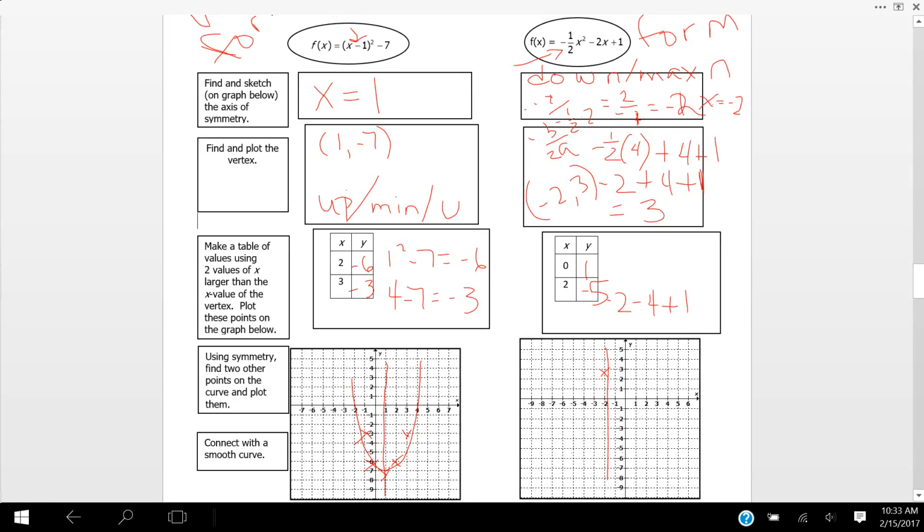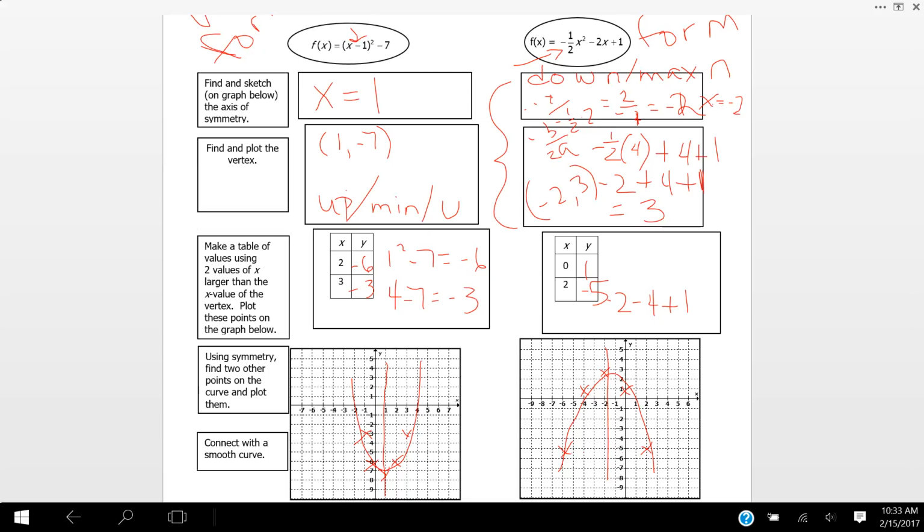So I have a point at 0, 1. And I could put a mirroring point on the other side. I have 2 and negative 5. And so I can go 2 more and be at negative 5. And hopefully you can see the concave shape down. And that is my maximum. So the only place where there's really extra work is right here if you have standard form.